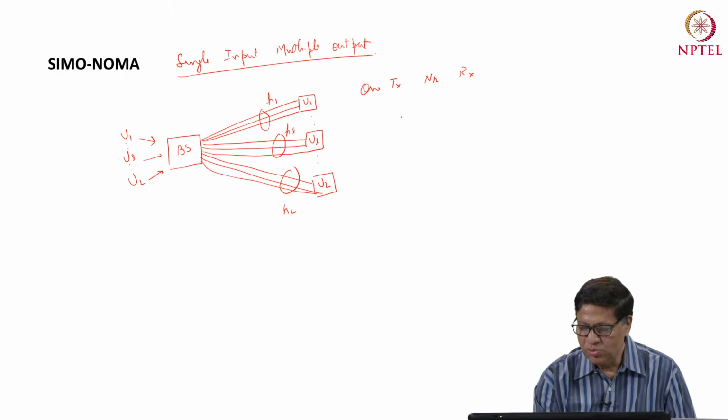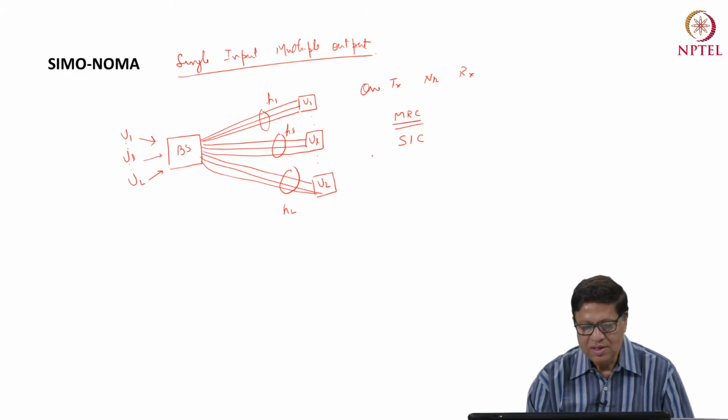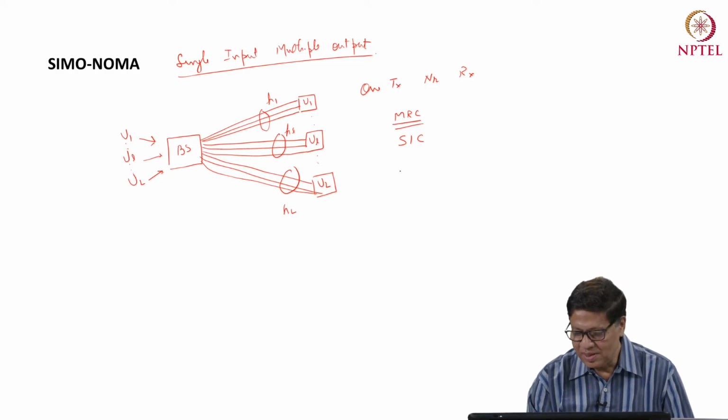One can use MRC, maximal ratio combining technique, to detect the signal which is coming from here, and then within U1 you can do SIC operation, successive interference cancellation, to recover the signal for U1. Similarly, you can do it for UL, and U capital L for different users. So this is a case of single input and multiple output. This gives you better performance gain.